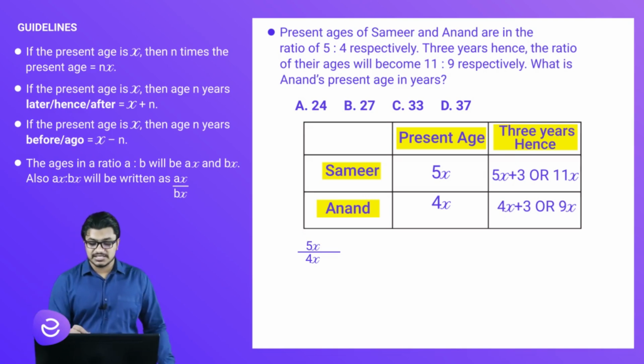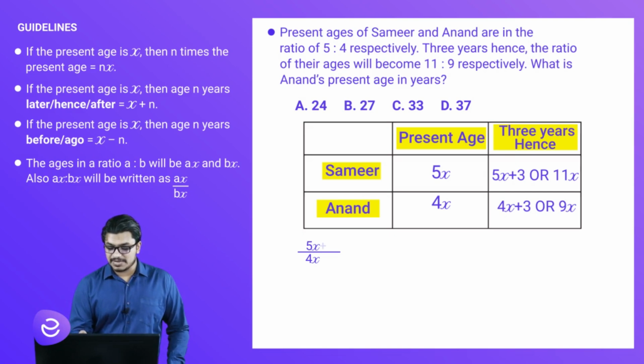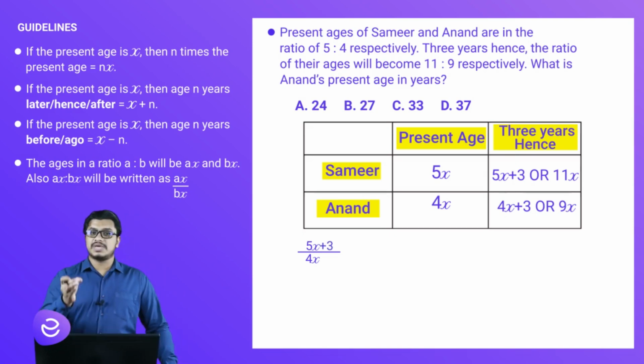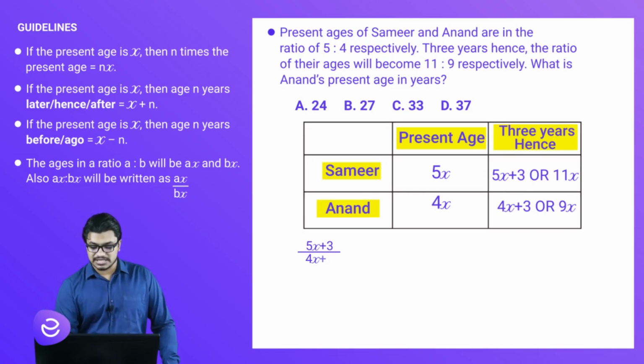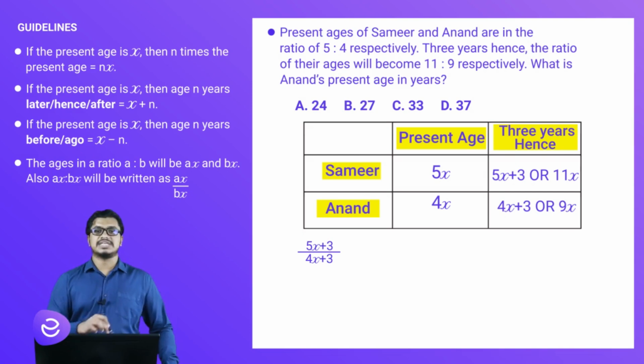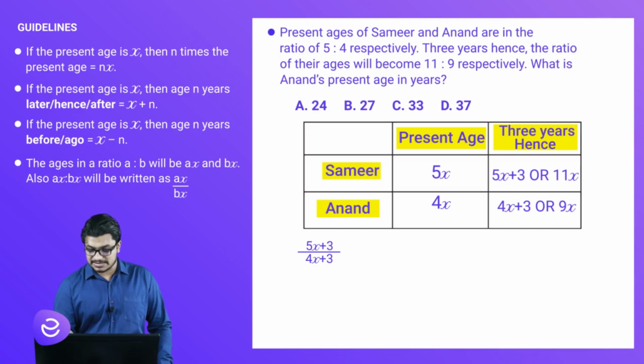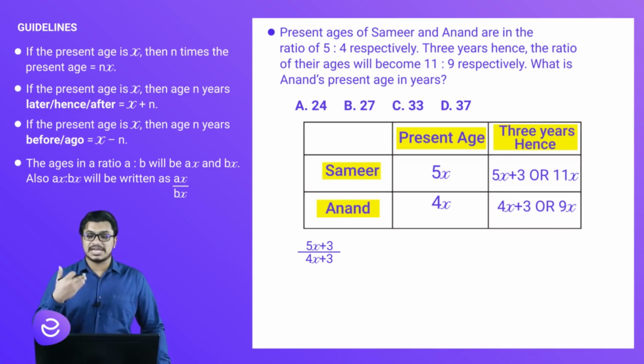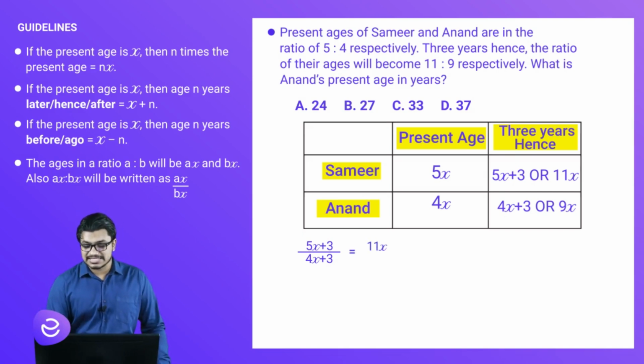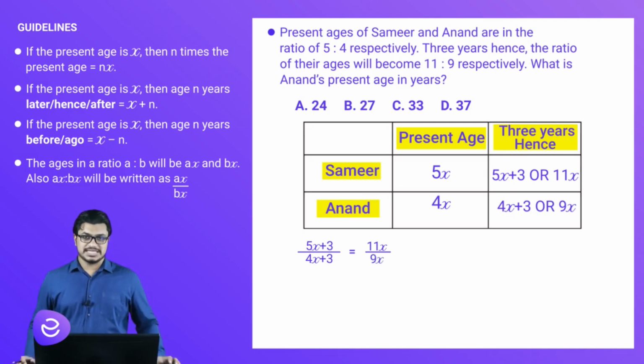So, after 3 years Samir's age becomes 5x plus 3, and in the denominator we have Anand's age, which is 4x, and there also 3 years hence. So, both of their ages have increased by 3 years. So, this 5x plus 3 becomes 11x, and after 3 years their ages are in the ratio 11:9. So, we can write it as 11x divided by 9x. So, we get an equation like this.